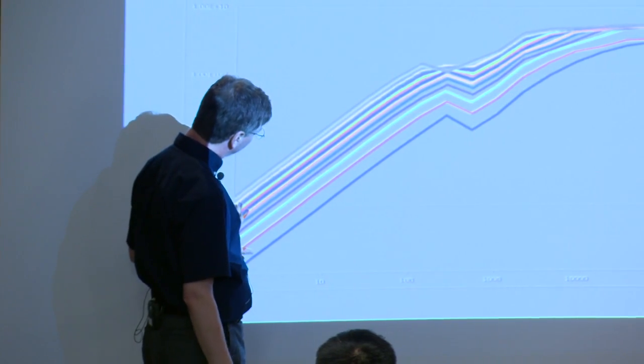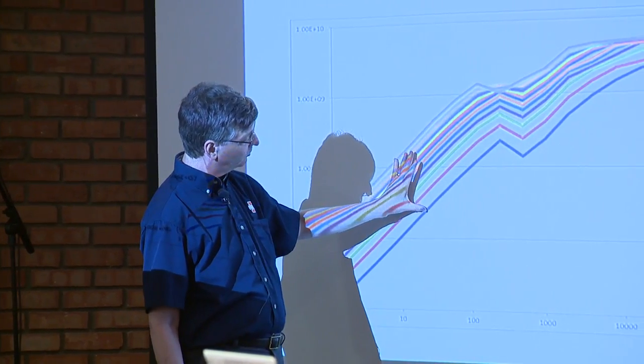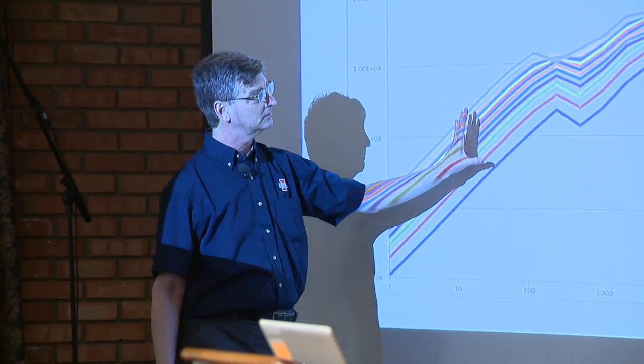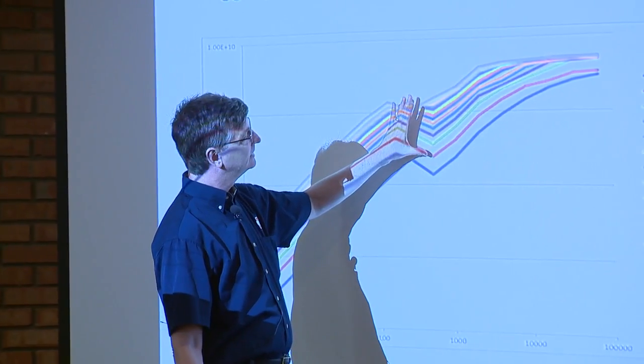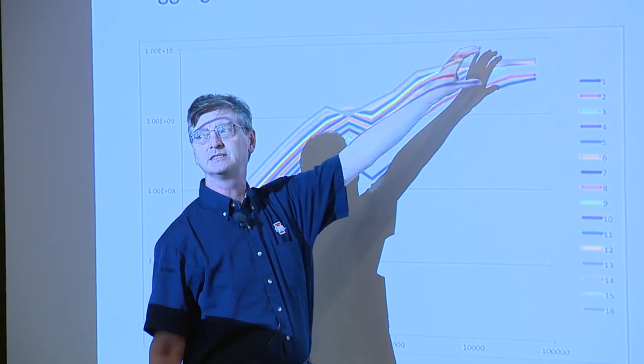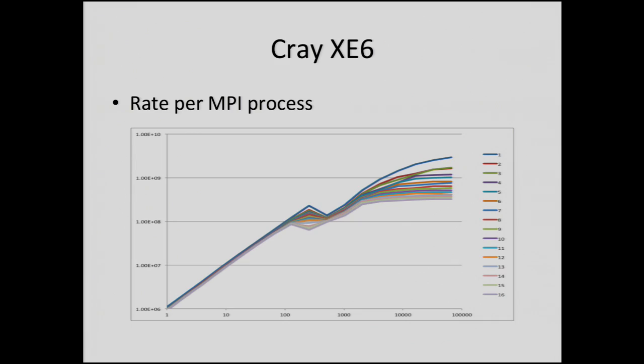So see this nice aggregate, and this is about the right spread. As you add more processes, you get more communication performance. And then it starts to flatten out, and it gets squeezed together. What that means, another way to look at it, is the rate per process.